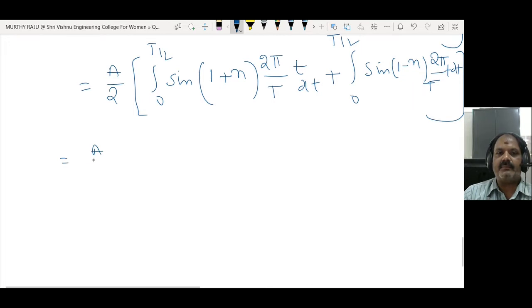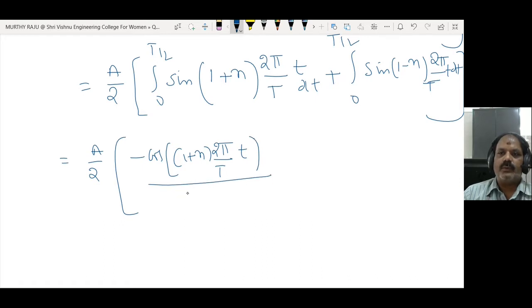That is equal to A by 2. Integral of sine is minus cos. So minus cos (1 plus n) 2 pi by capital T into small t, divided by (1 plus n) 2 pi by capital T, with limits 0 to T by 2.